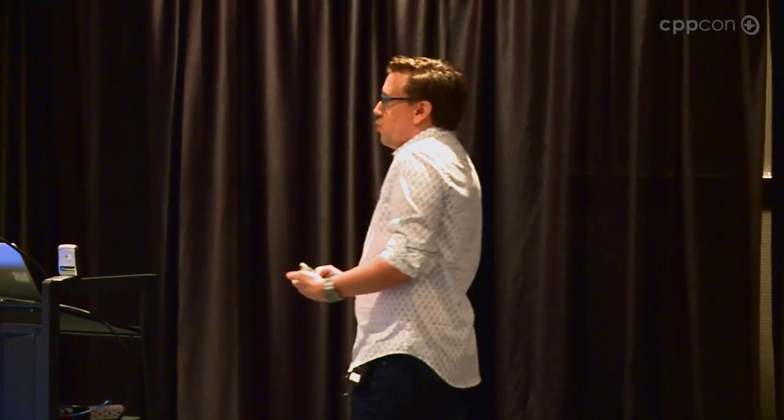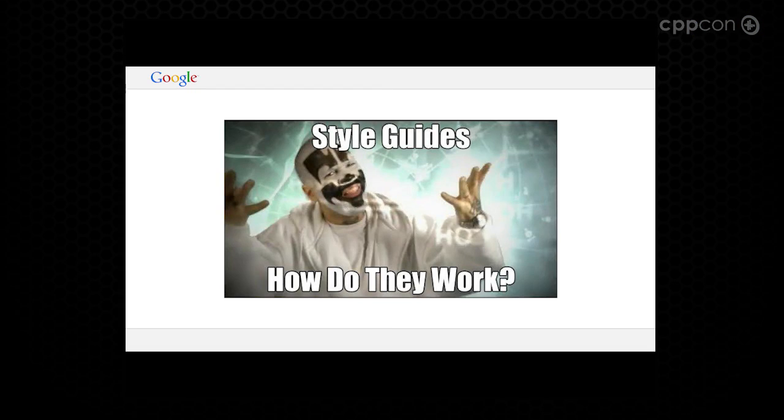This talk is partly about our style guide, but only as a mechanism to start the general discussion about style guides overall. I kind of want this to be a meta discussion on what do you get out of a style guide and how should you make those choices. This is really a style guides, how do they work sort of talk, okay?